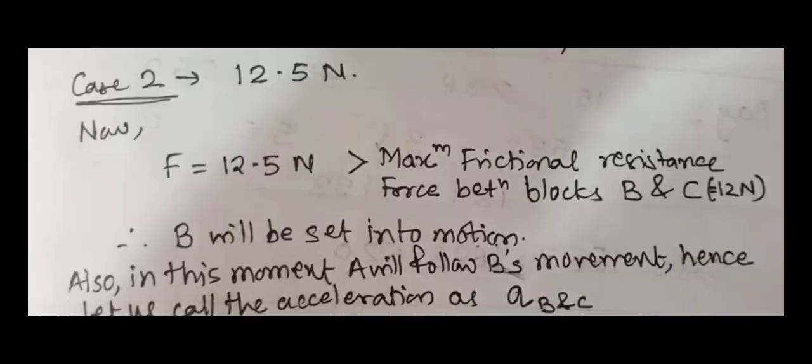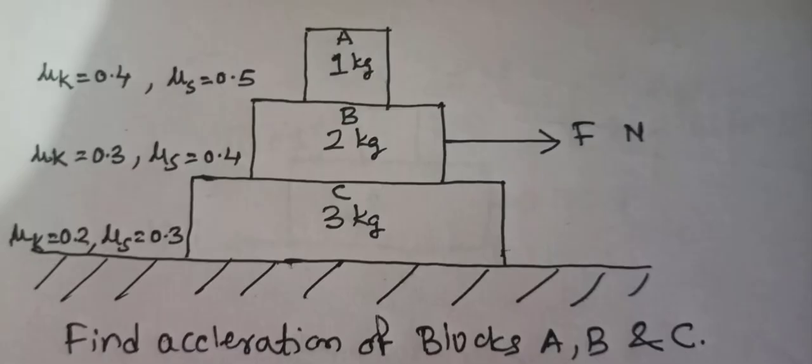So to start with, because F is now 12.5 Newton, and we know that the maximum frictional force between block B and block C, which we calculated in an earlier video, is 12 Newton.